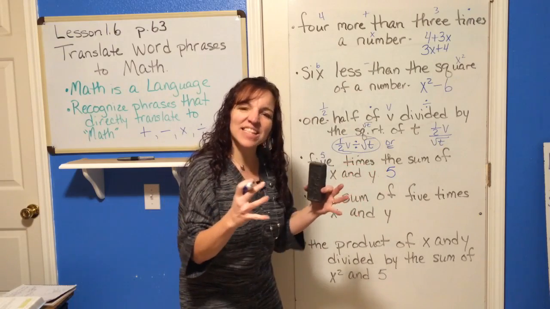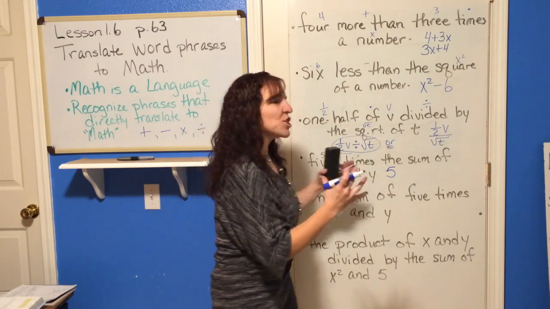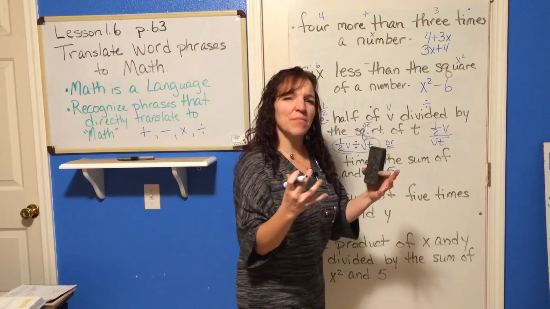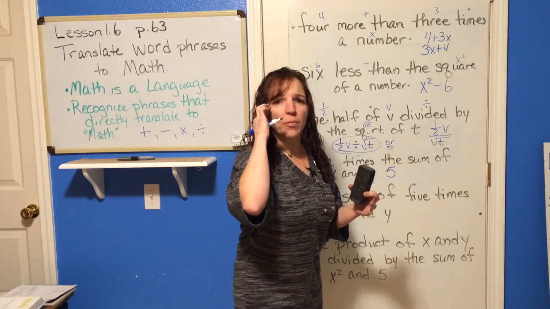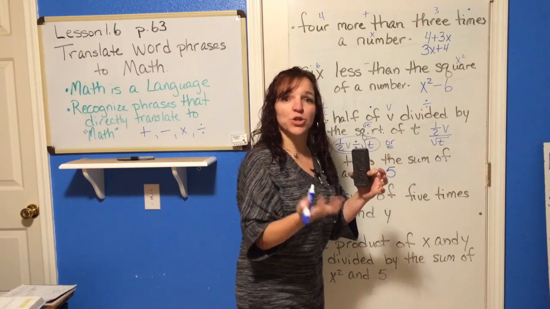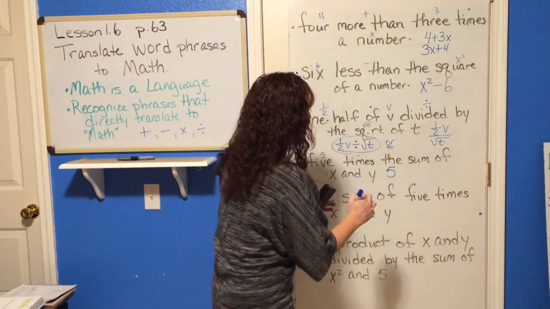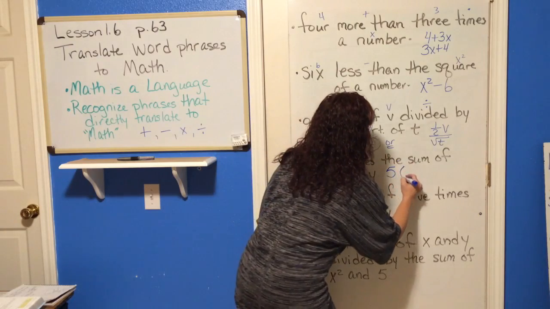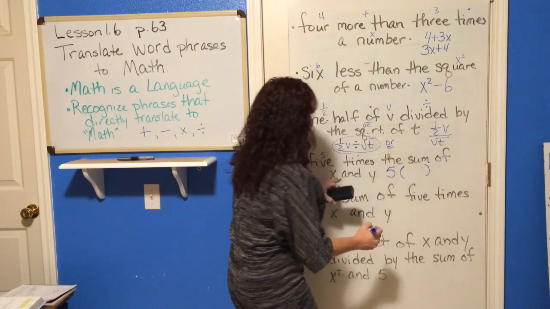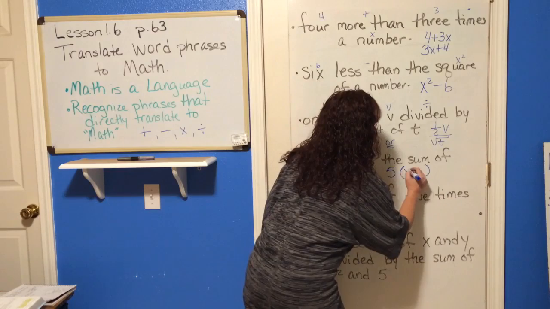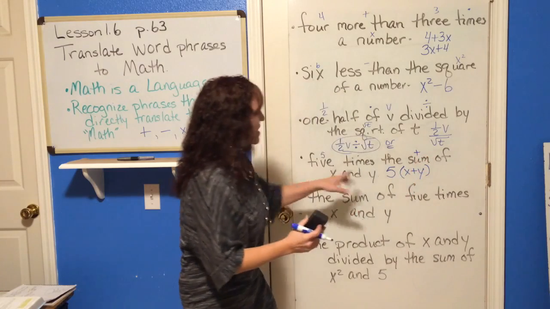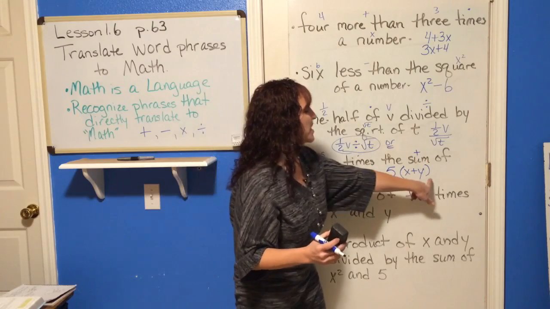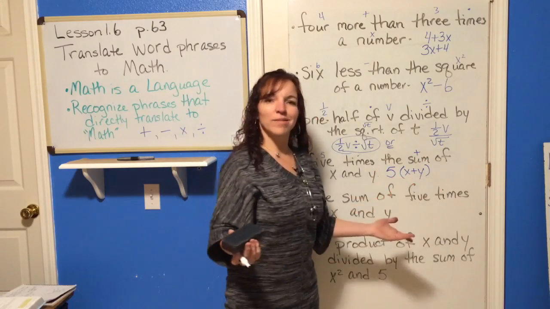So we've got to add it together first. So we've got to show that we're adding something together before we're multiplying that. And remember, in your order of operations, if it's in parentheses, you're going to do it first. So let's say the sum is going to be inside parentheses of x and y. So x plus y. So this is 5 times the sum of x and y.